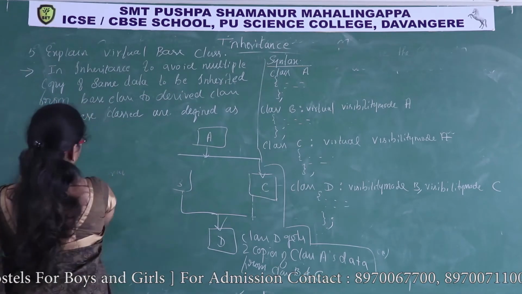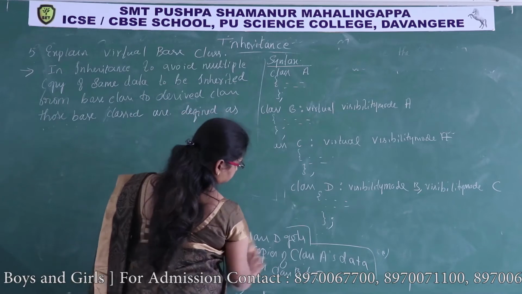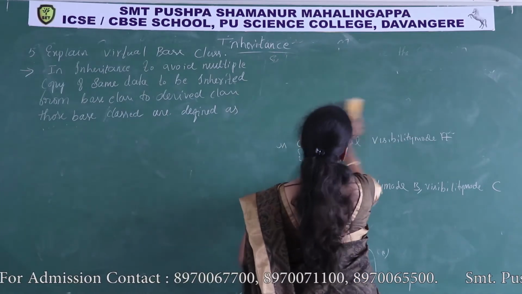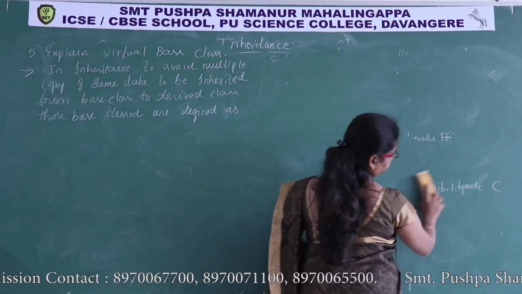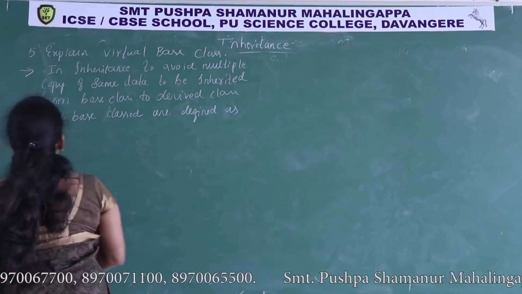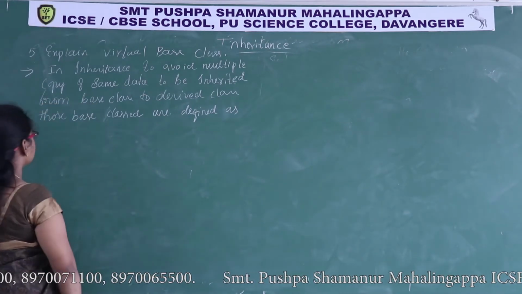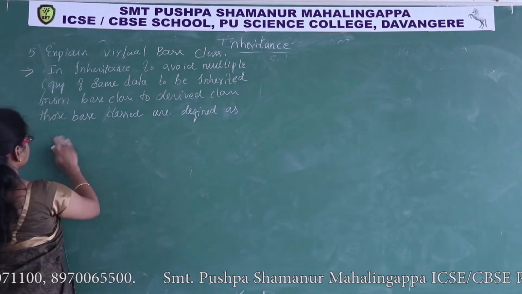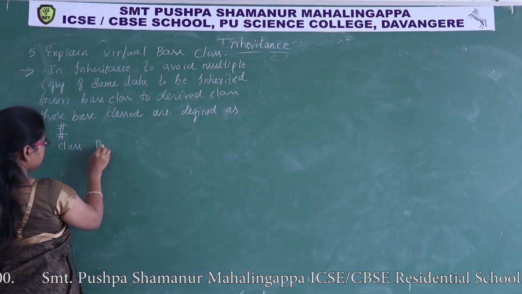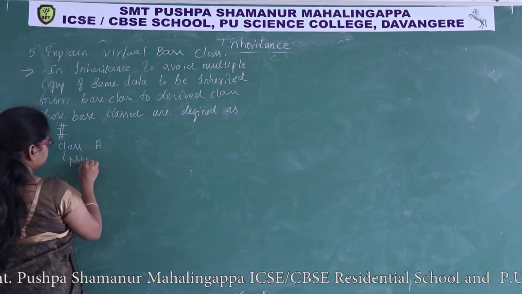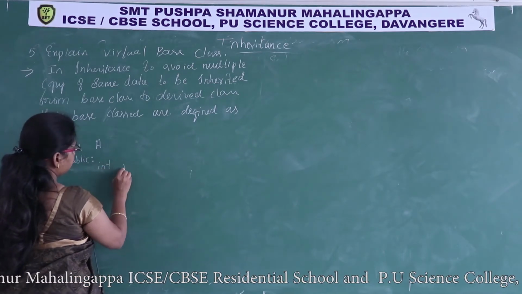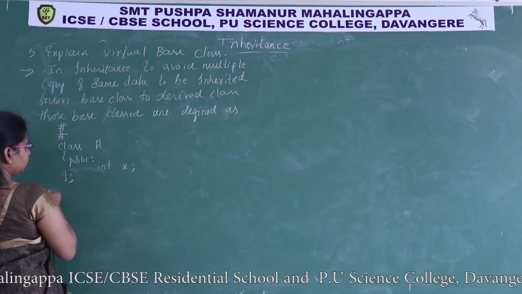Example. I'll take class A with public section, void, I'll take int x, close semicolon.